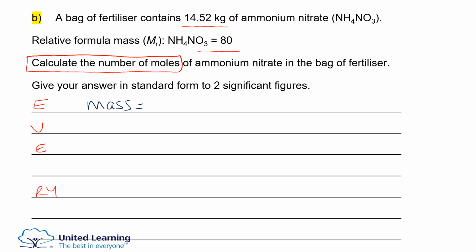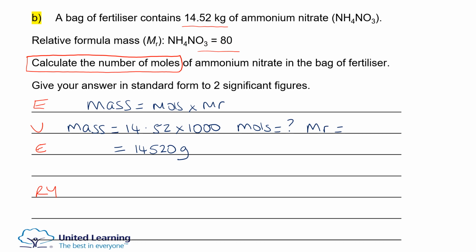Mass equals moles times Mr. The value of our mass is 14.52 multiplied by 1,000 to convert it to grams, so that becomes 14,520 grams. The moles we're calculating, and the Mr has been done for us, which is 80.